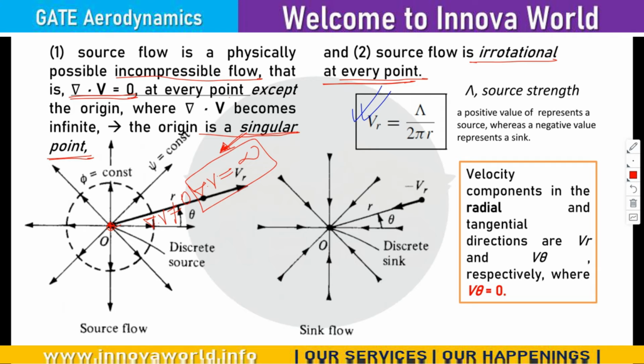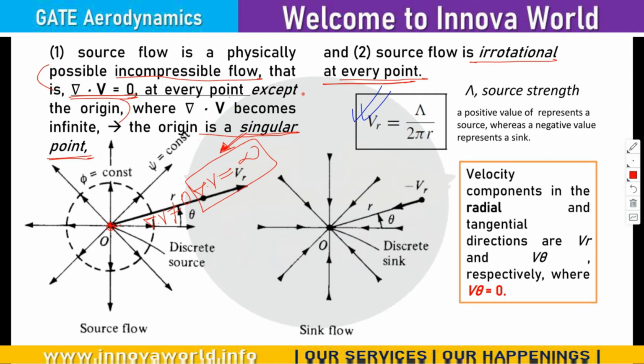These are the key terms that we mostly avoid during the exam. So you can also expect some kind of assertion and reason question. They can give you the first statement, and for the next statement they can say: because the flow at the origin is infinite and is considered a singular point.